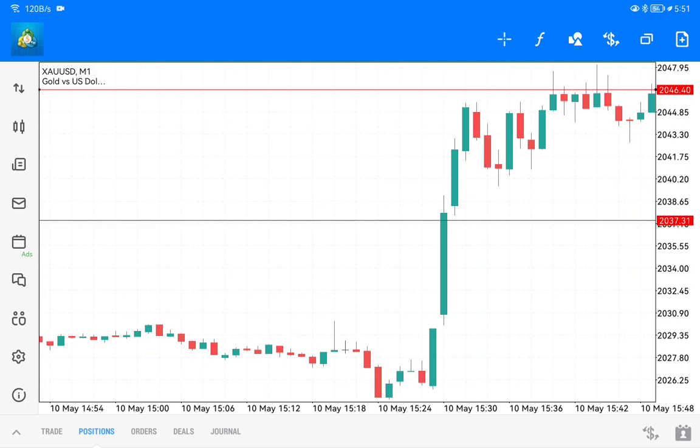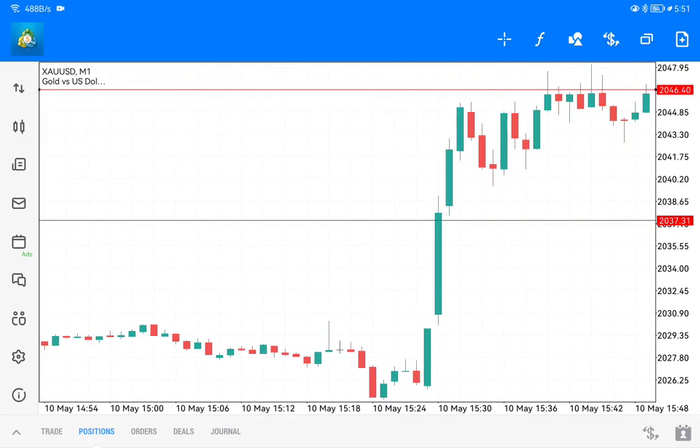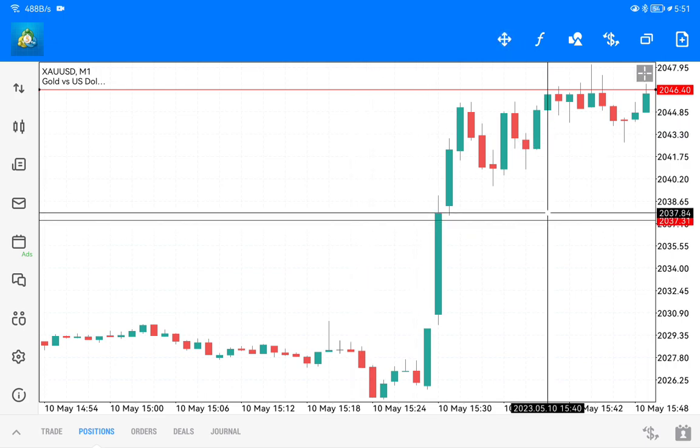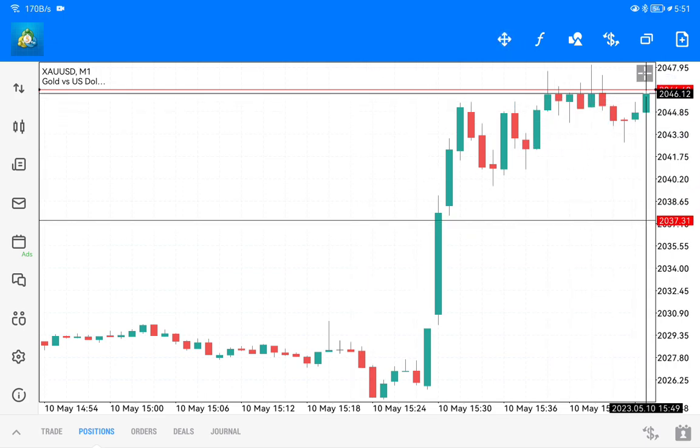Paghanap ko, if there's a 1-minute candle that will break this consolidation sa 2046.40, then I will enter a buy. If ever lang naman. But here, ito yung candle na to, nag-close siya below the 2046.